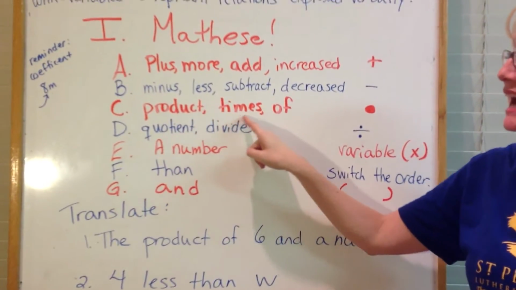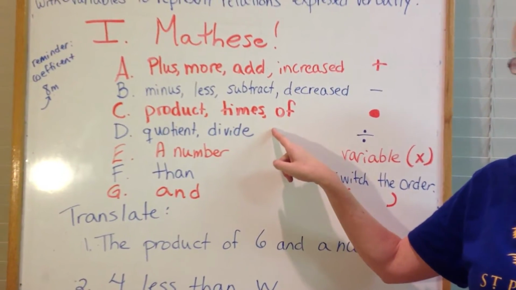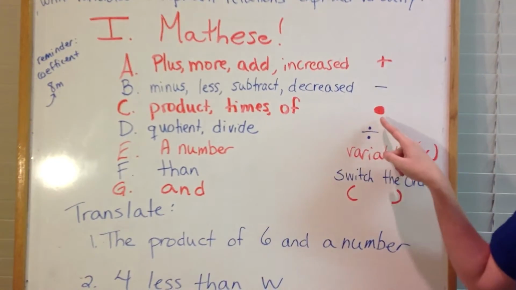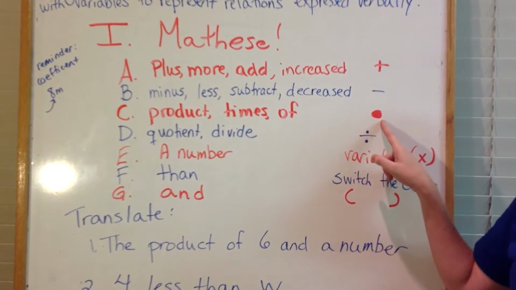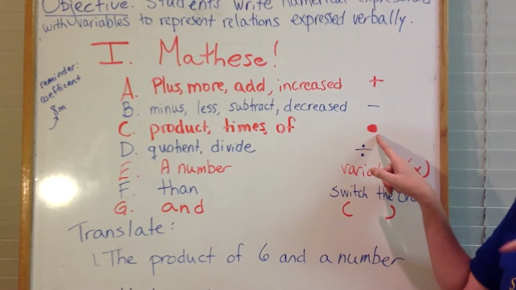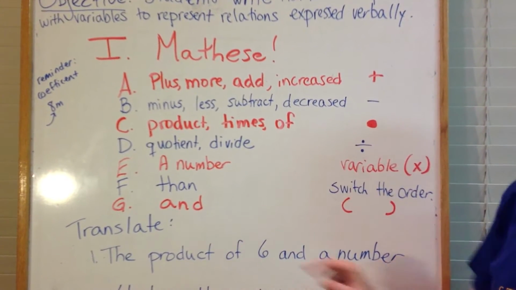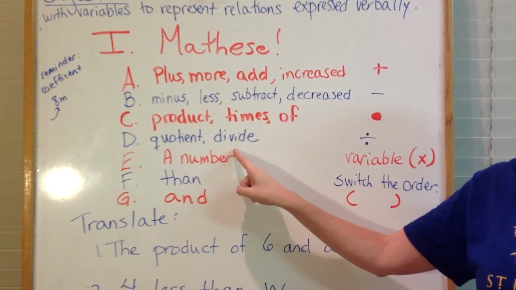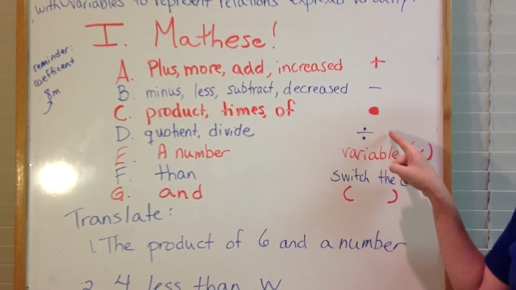Product, times, or of. All those words mean the multiply symbol. Remember, we're going to use a dot from now on, not the x, because an x is a variable. So you can use a dot. Quotient, divide. Those mean this symbol.